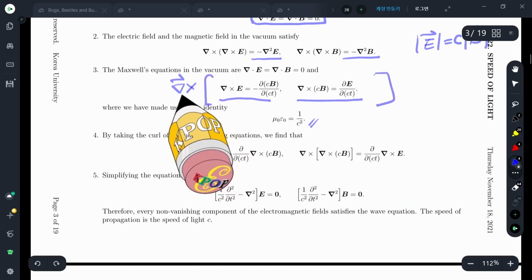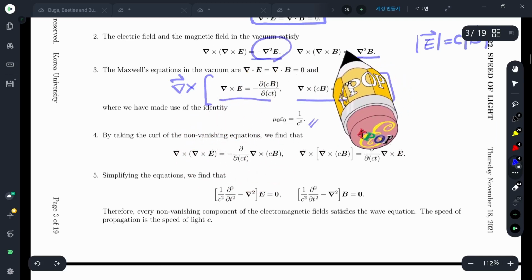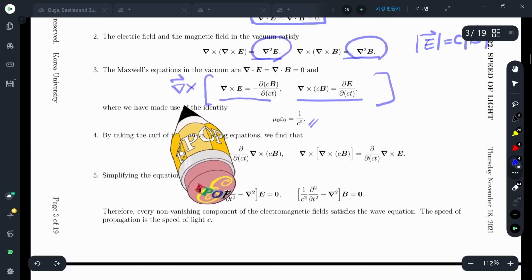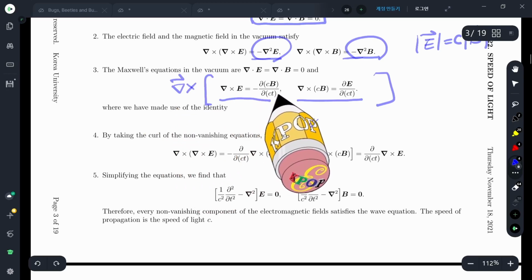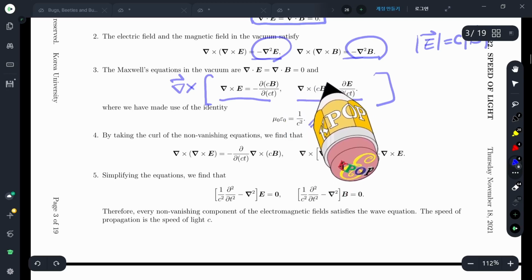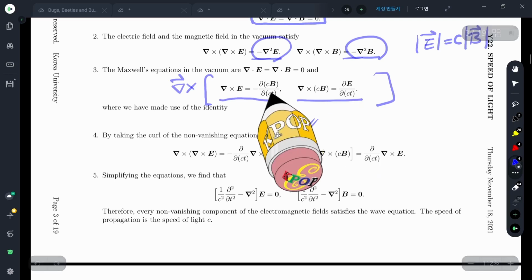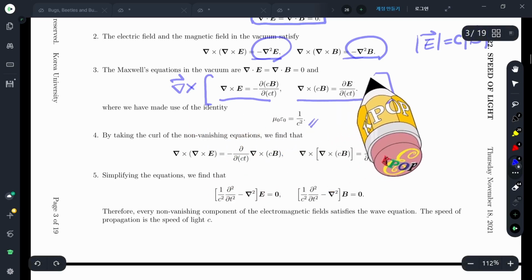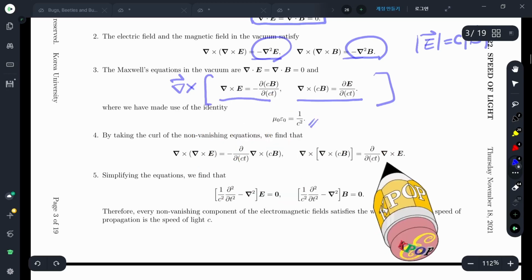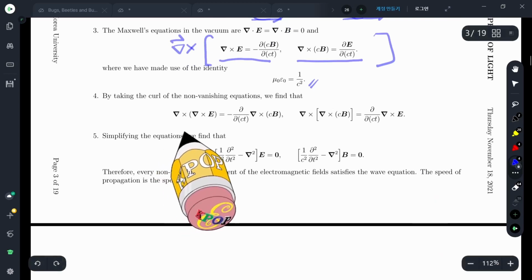Once we apply this curl, the left-hand side is simplified, and if I apply the curl operator to the right-hand side, what we find is the left-hand side of the original equation from the other equation. Again, the curl of E can be found on the left-hand side of this original equation. That's the reason why we apply the curl operation.